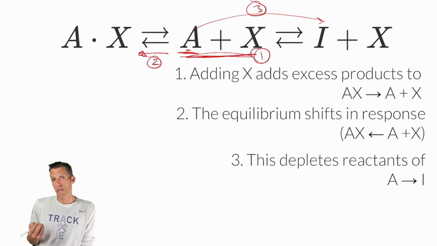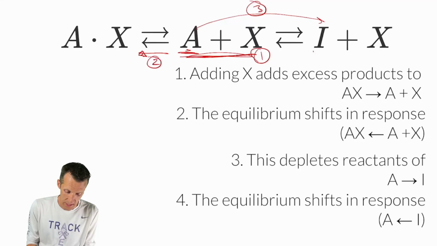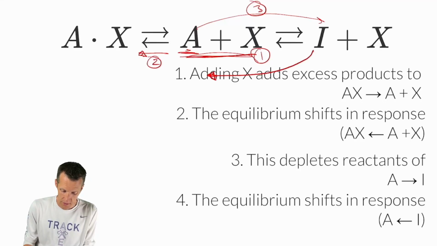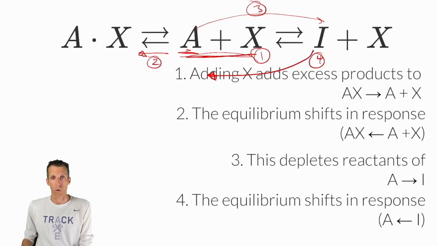Le Chatelier's principle says as we deplete the reactants of a reaction, we have to change the products. And so we're going to see this shift in this direction. We're basically going to see more I being formed.